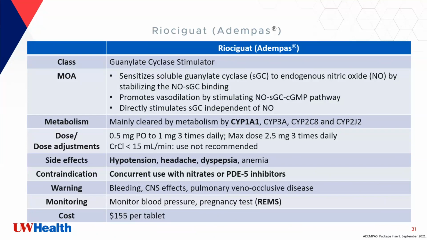There is some metabolism happening, and one to note is that CYP1A1 forms the major active metabolite, however, it's not as active. And this enzyme is induced by polycyclic aromatic hydrocarbons from cigarette smoking.